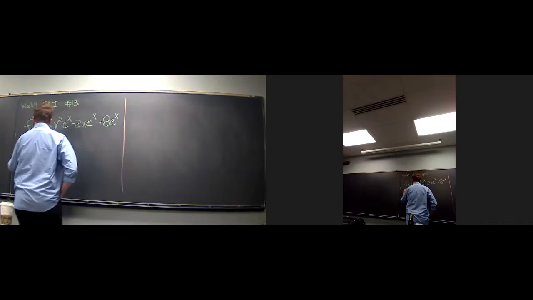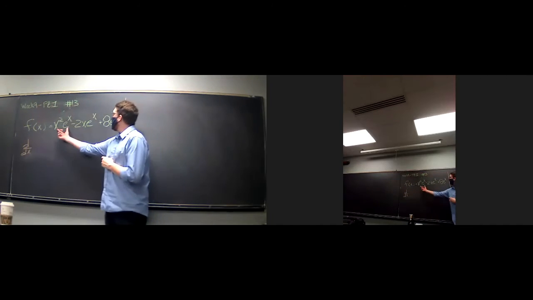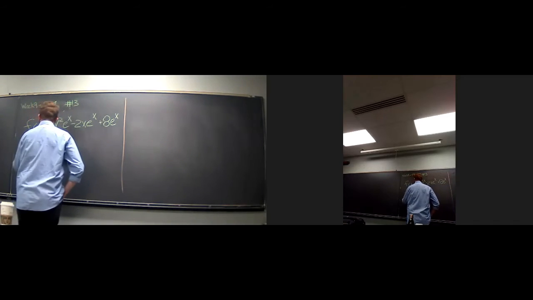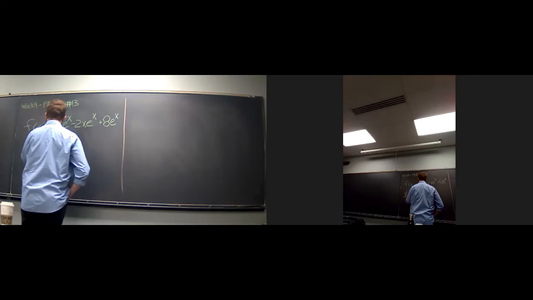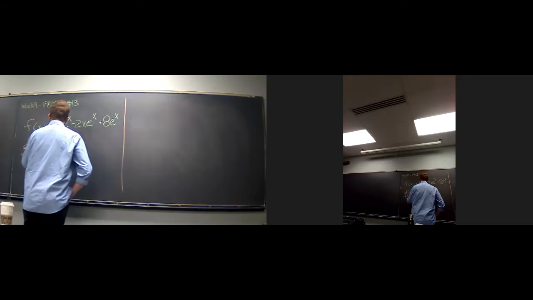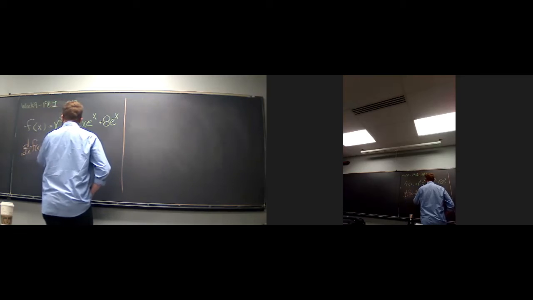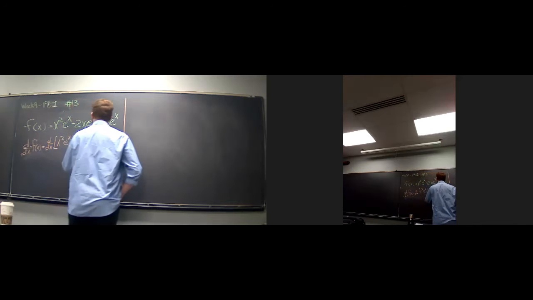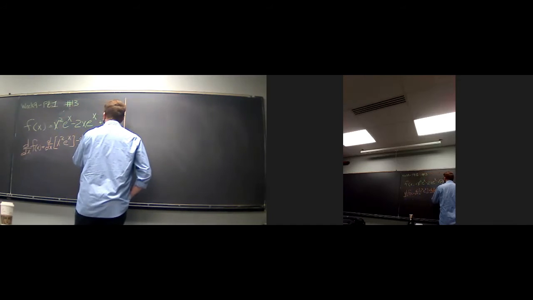Well, we know from properties of the derivative that we can just evaluate the derivative on each of these terms individually, right? So the derivative of our function is going to be equal to the derivative of the first term minus the derivative of the second term plus the derivative of the third term.